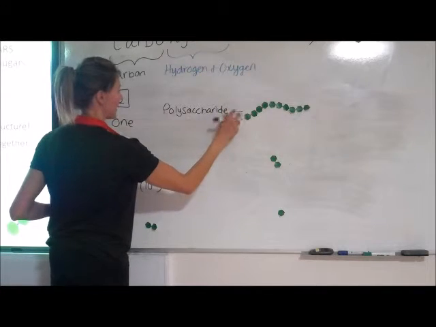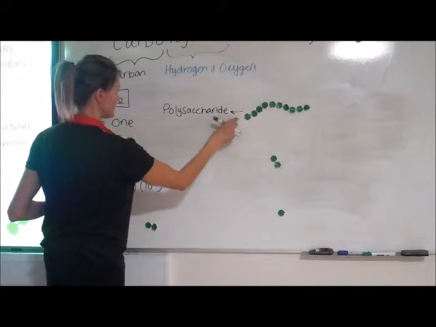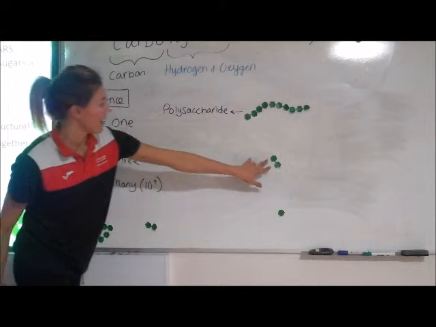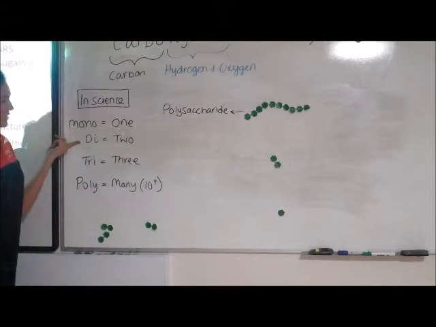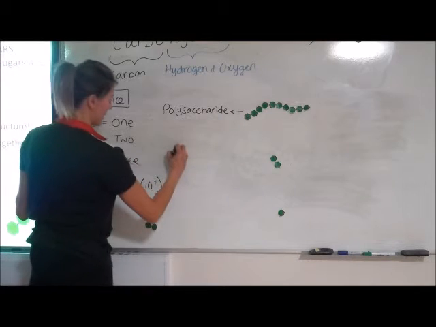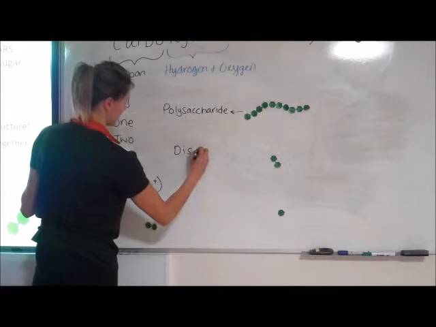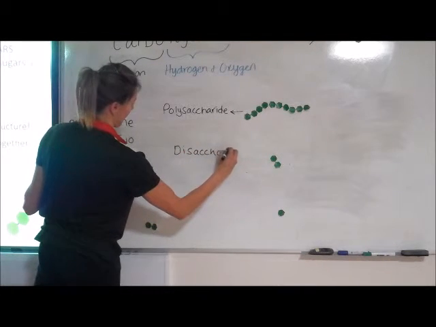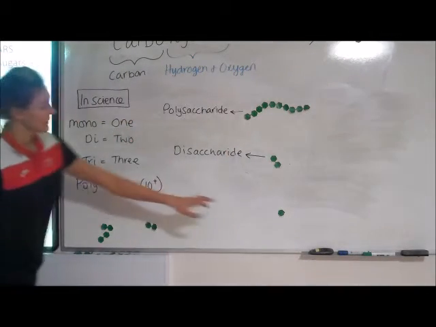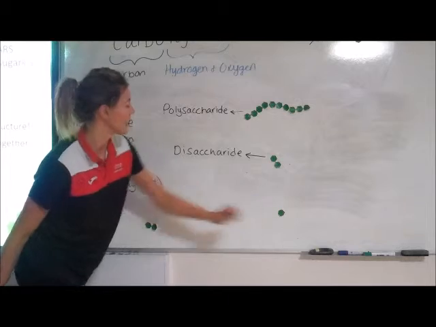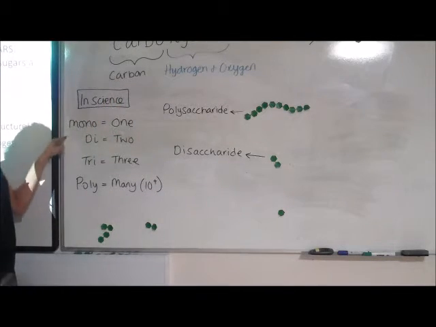A polysaccharide. Here we have a link of two saccharides together, so this would be a disaccharide. And lastly, we've got a singular saccharide, so that would be mono.